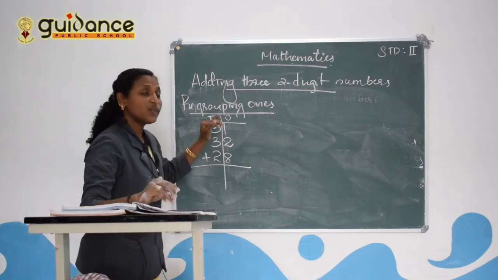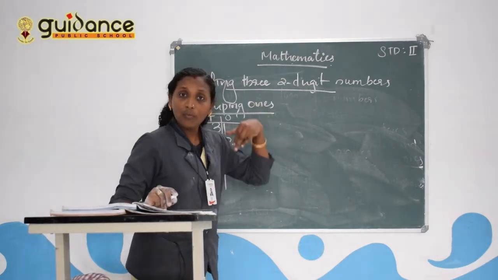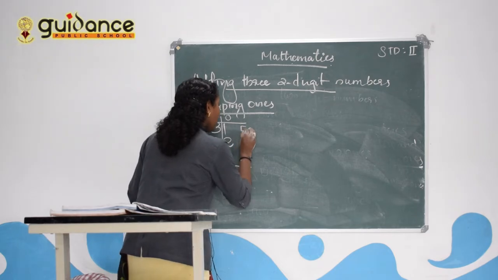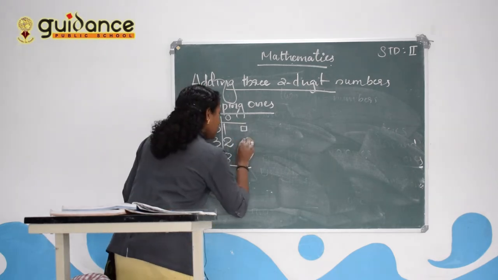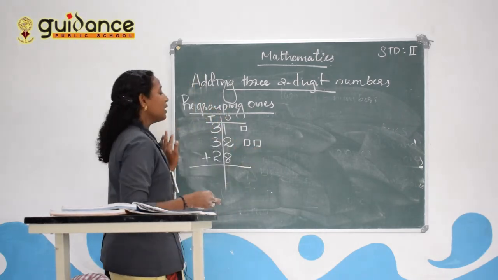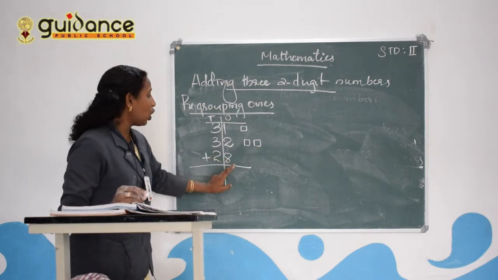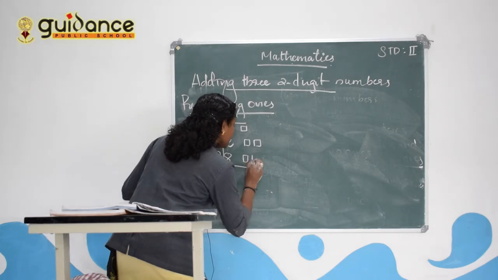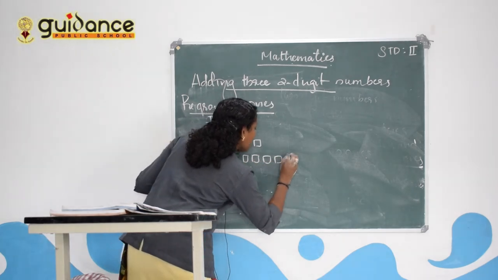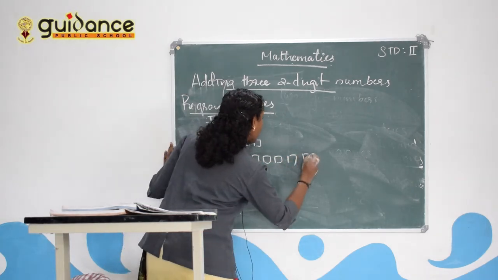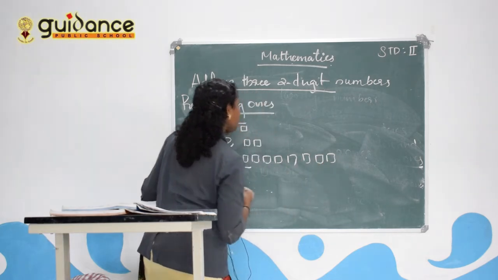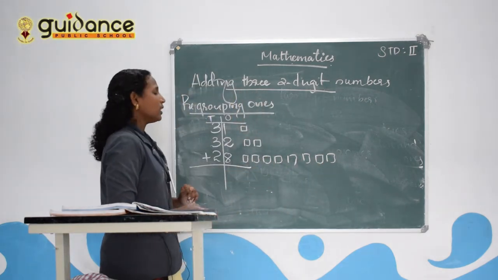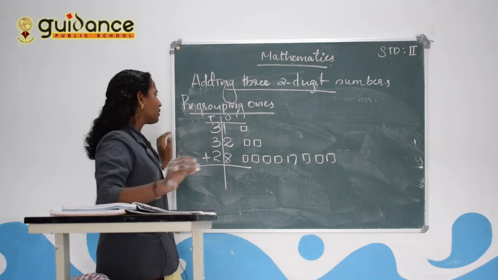First we have to add the ones. So it has 1, then how many ones? It has 2 ones. On this number, how many ones? It has 8 ones. So all of you add the ones.